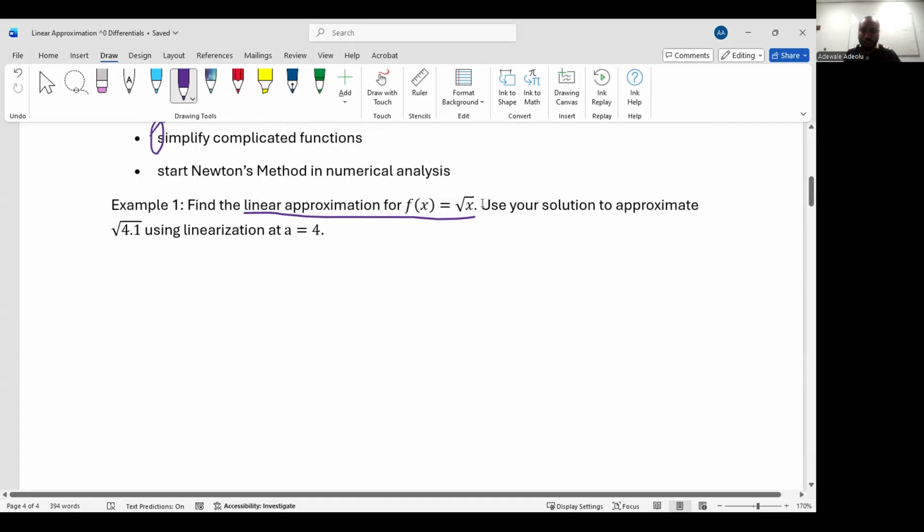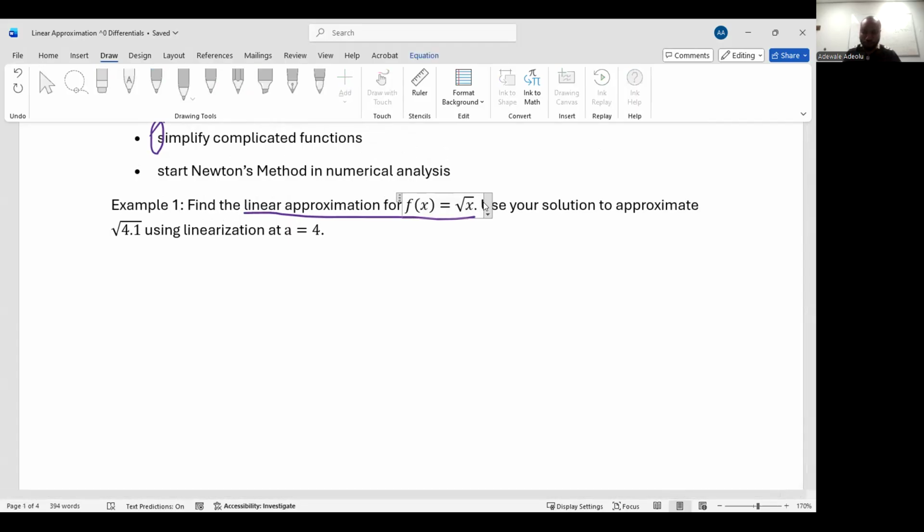Let me make this better so that you will understand what is going on here. At a equals 4.